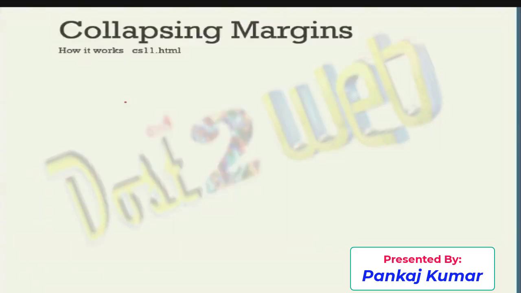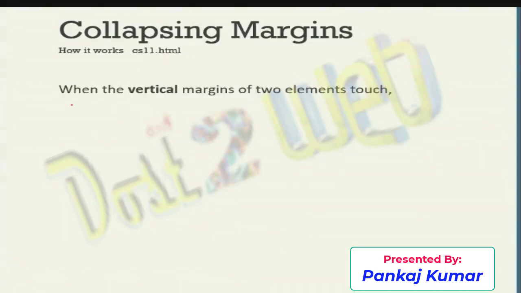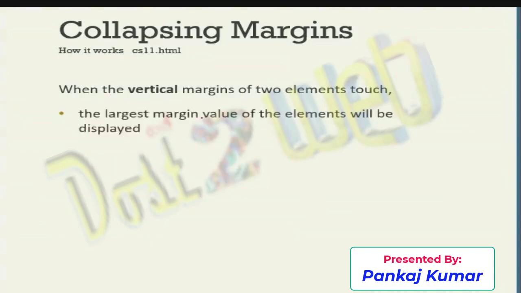Then how is it going to work? In the CSS you are using, when a vertical margin occurs, it gets collapsed. So how is it defined? When the vertical margins of two elements touch, the largest margin value of the elements will be displayed. So what is the largest? We have defined 90, so that first margin of 90 will be taken.